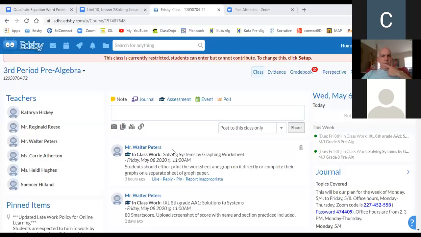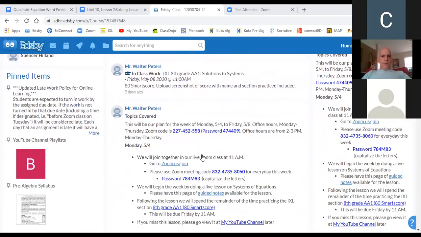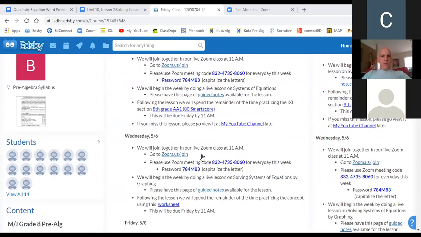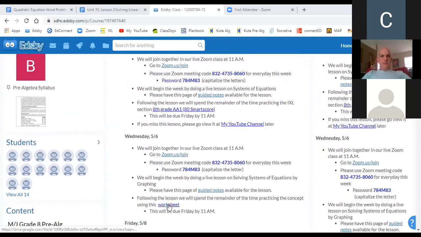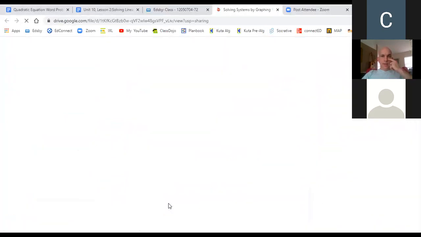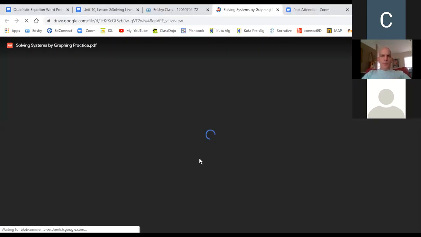Today I added this assignment that will show up in the gradebook, solving systems by graphing worksheet. If you scroll down on your Eds B page to Wednesday, it says this worksheet. That hyperlink is where we're going, so we'll open that up, and it will be this worksheet.